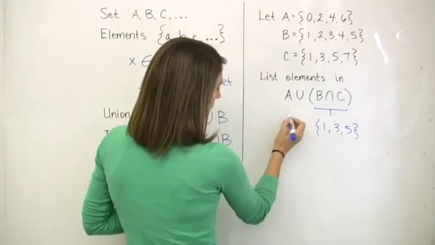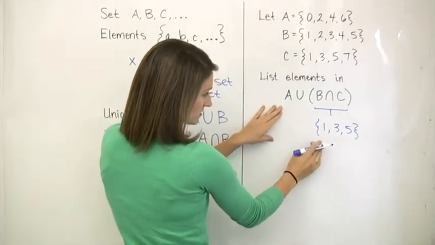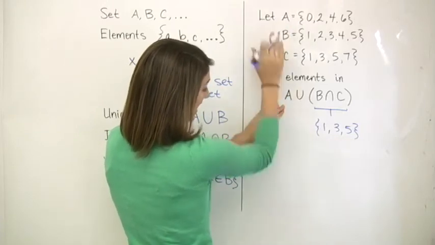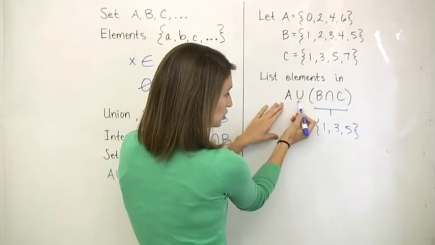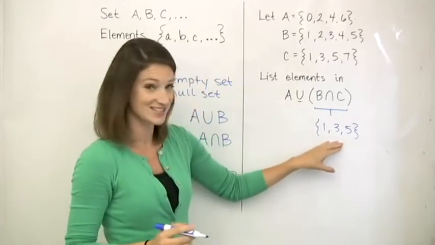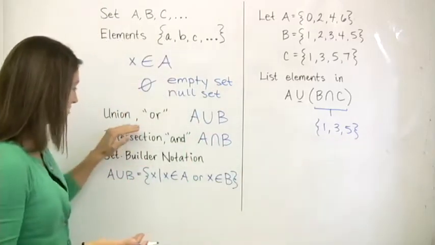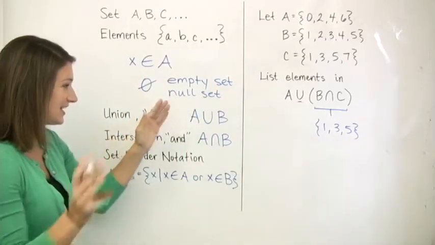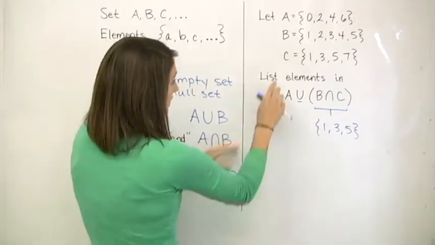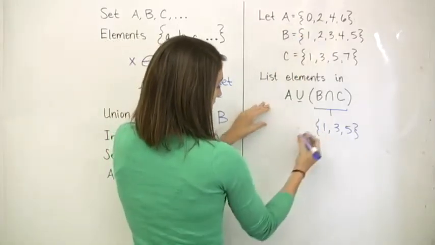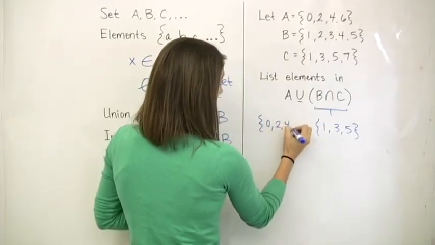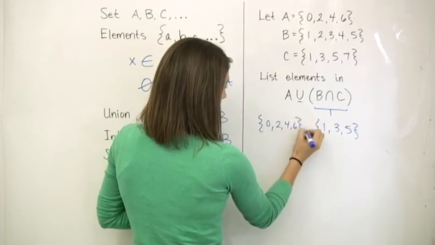Now let's bring down and compare this found set that we just did to the numbers that are the elements in set A. And we need to find the union of set A and these elements here. So when we deal with union, we're dealing with the numbers that are in either set A or the second set. So if we look at set A, we have the numbers 0, 2, 4, and 6.